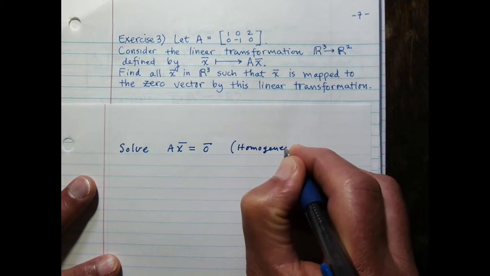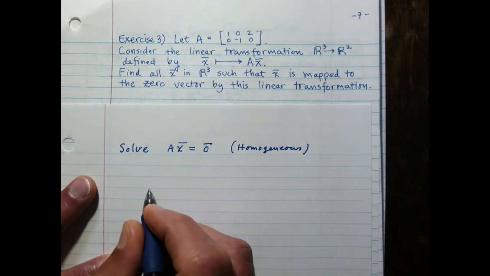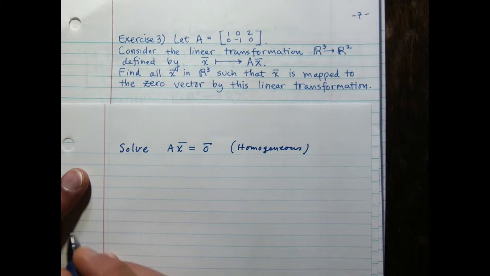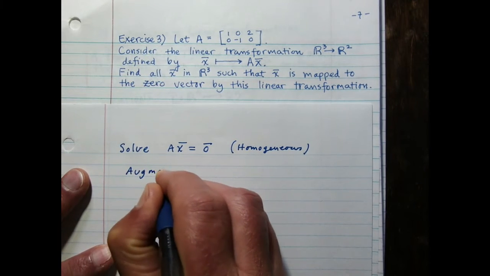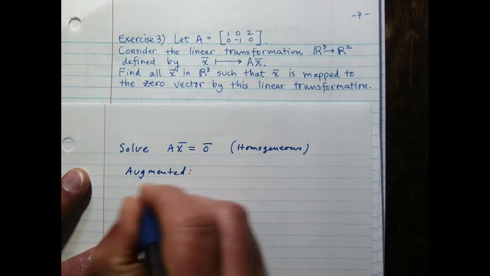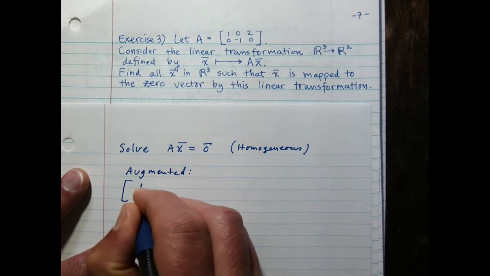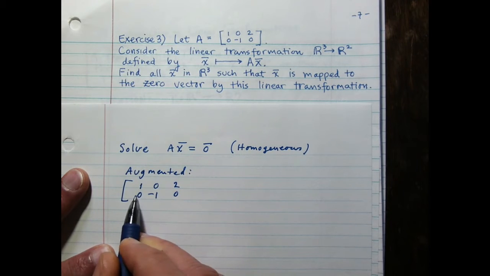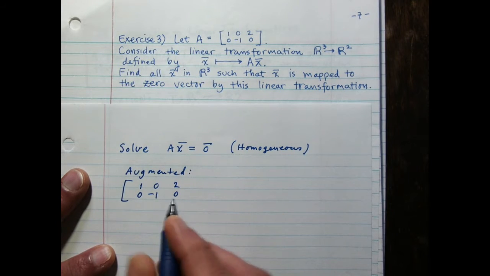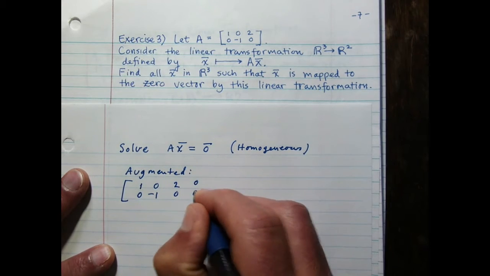That we're going to solve. And if I set up my augmented matrix, it's going to be 1, 0, 0, negative 1, 2, 0. So there's the A matrix entries. And then I just write 0, 0.